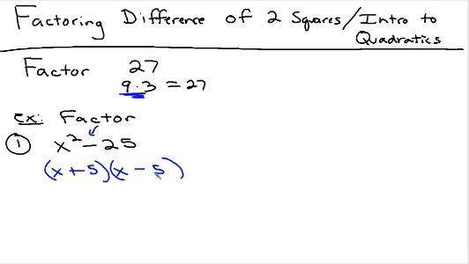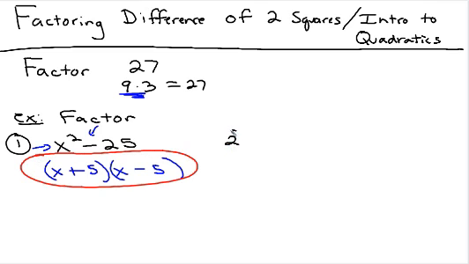When I have two binomials that are exactly the same, but one of them is a plus and the other is a minus, then I always get this right here. Well, guess what? Right here's your answer. We have now factored x squared minus 25. In other words, we're just going backwards. All right? So this is why your root sheets will come in handy.